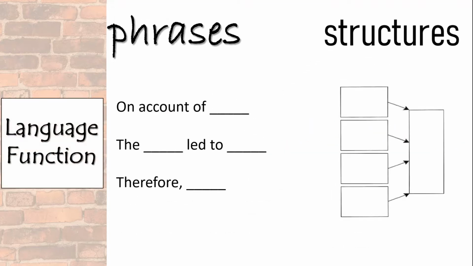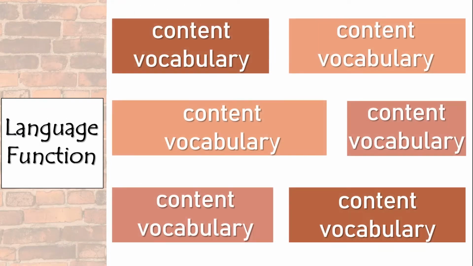These 3 aspects of academic language, language functions, associated phrases, and inherent structures, are important for ELLs as they develop their academic language. First of all, when ELLs have an understanding of how a presentation or a text will be organized, and they're familiar with the phrases that signal the transition of ideas, they are more likely to be able to understand the content concepts. This goes back to the earlier analogy in which we described content-specific vocabulary as being like bricks.